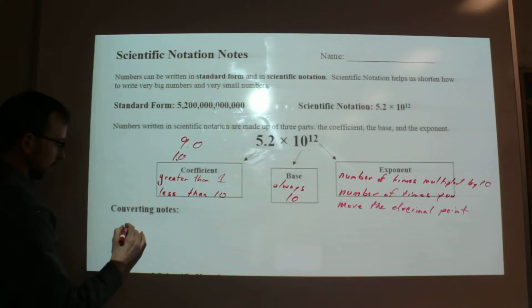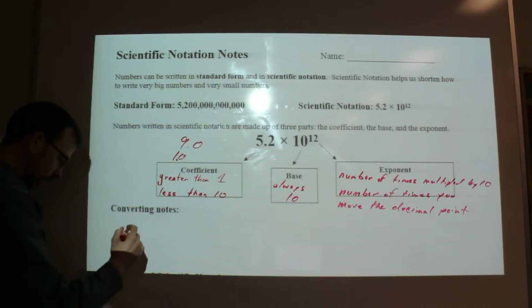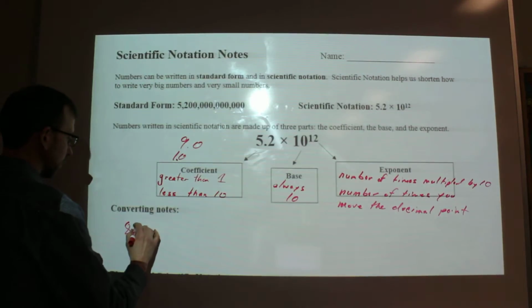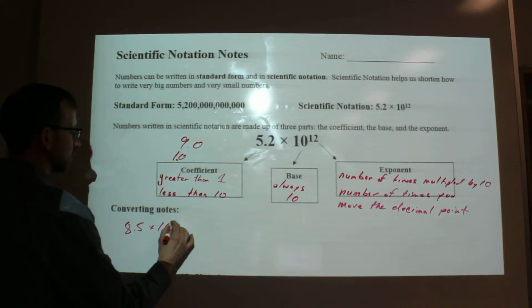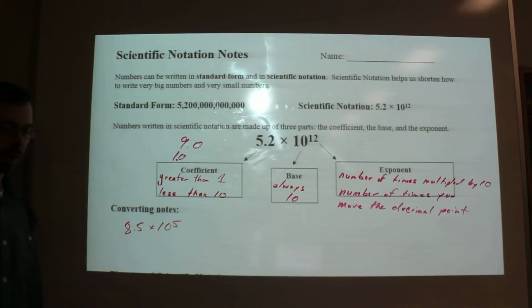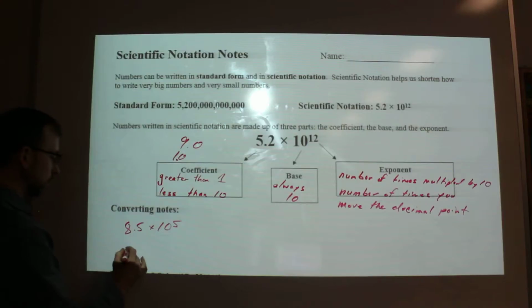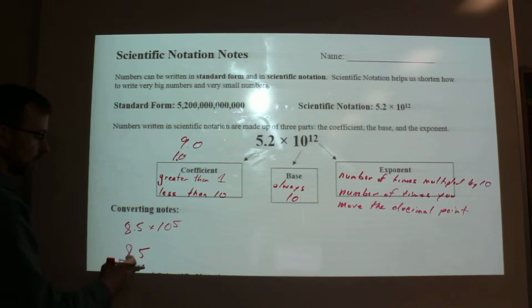So let's take another number: 8.5 times 10 to the 5th. We have a very, very big number here, and it's written in exponent form, times 10 to the 5th. I want to convert it back to standard form. Well, all you do is write it again, 8.5, and move that decimal.